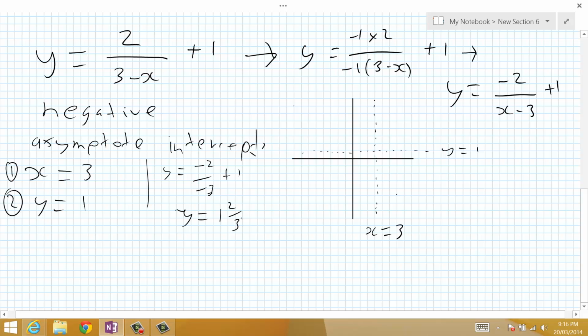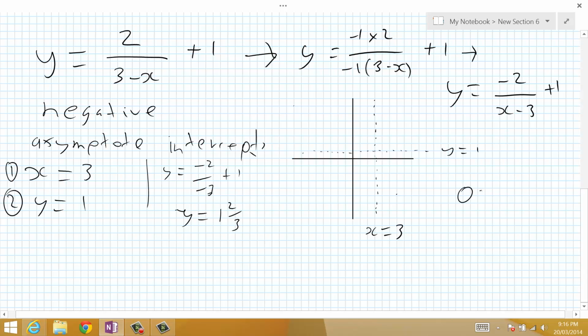That's where it's going to intercept the y-axis.